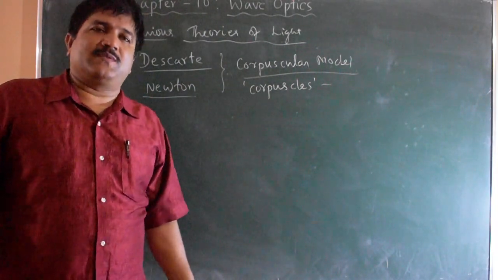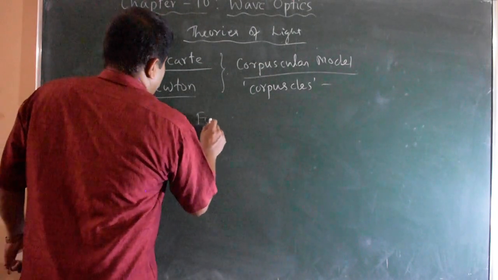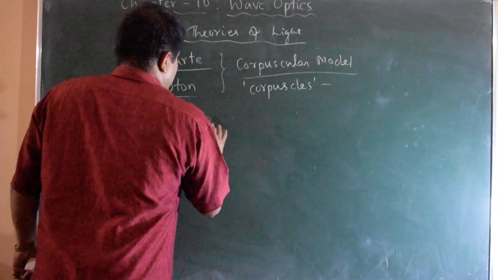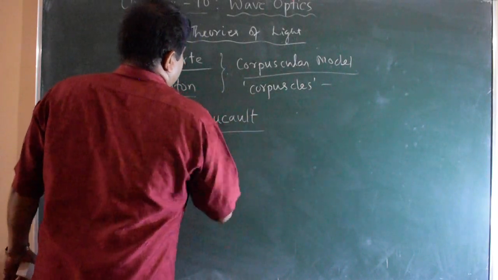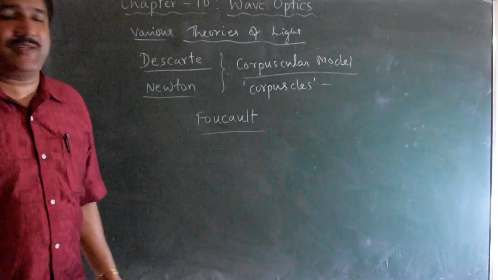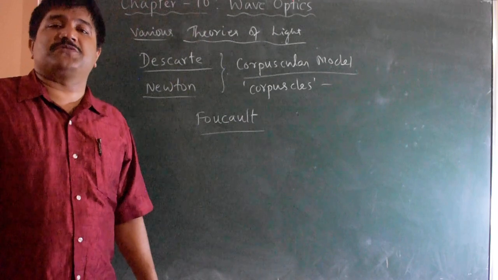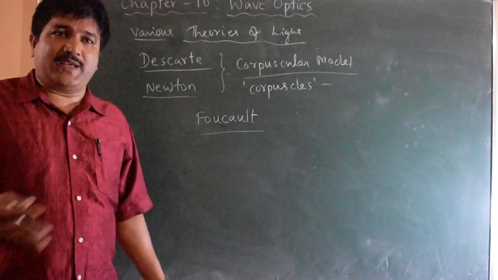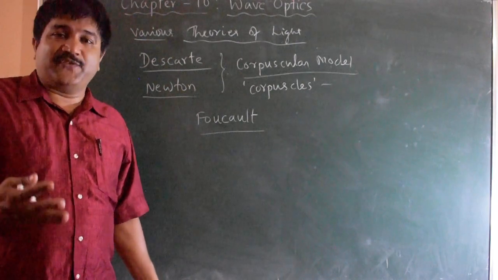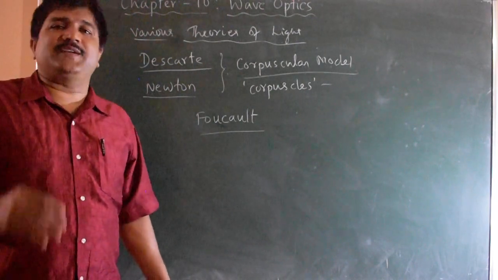Absolutely, it is wrong. It was later proved by a scientist called Foucault. The Foucault experiment proved that light in a denser medium travels slower. Like in air it is faster, and if it is moving from air to glass, the speed of light decreases.